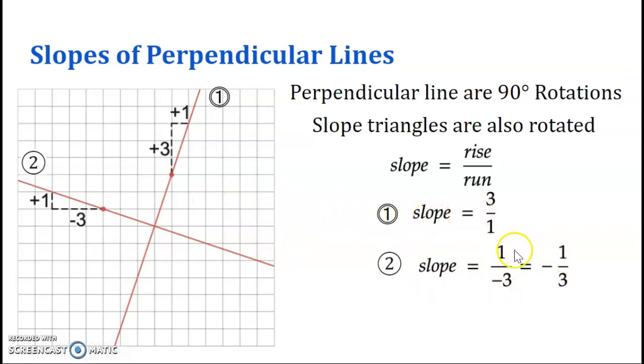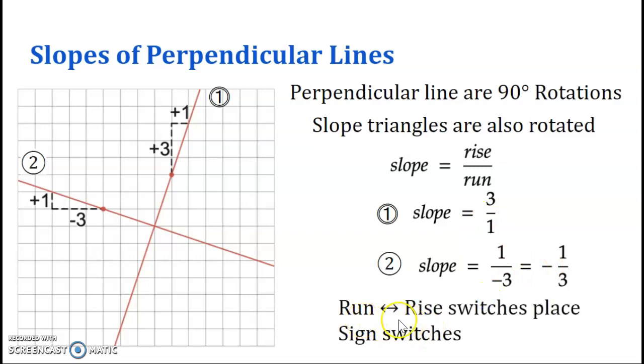Notice the difference between the 3/1 and 1/3 and the negative. What happened to these two fractions? It got flipped, didn't it? And this is what we call reciprocal. The two numbers are reciprocals, but on top of that, the signs also changed. It went from positive to negative. So rise and run switch places and the sign switches.